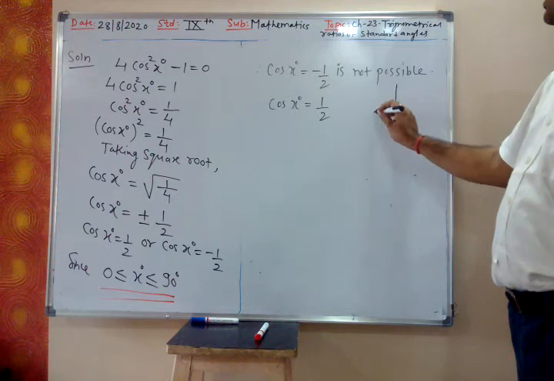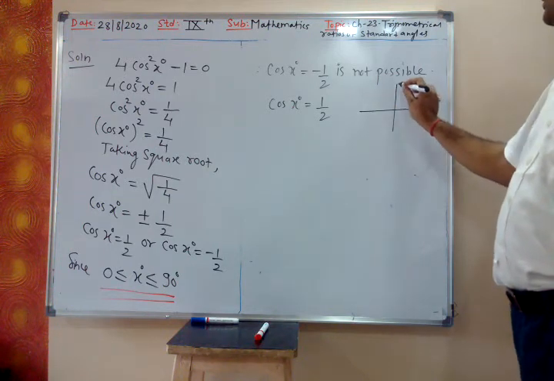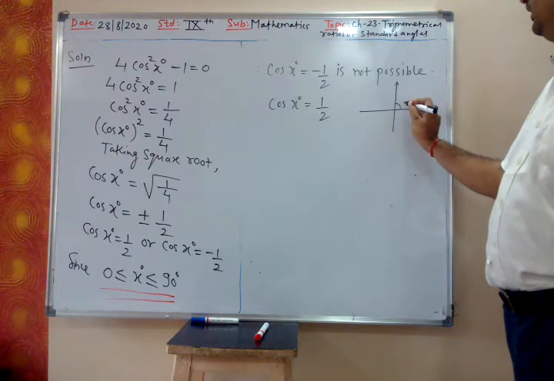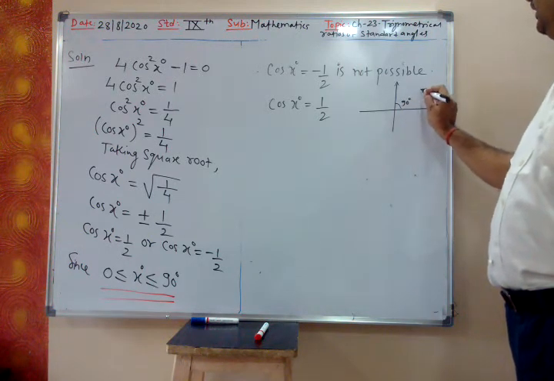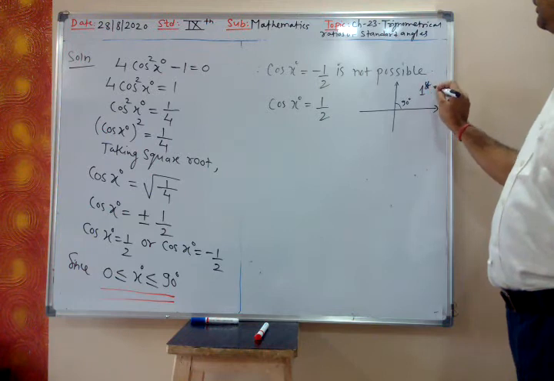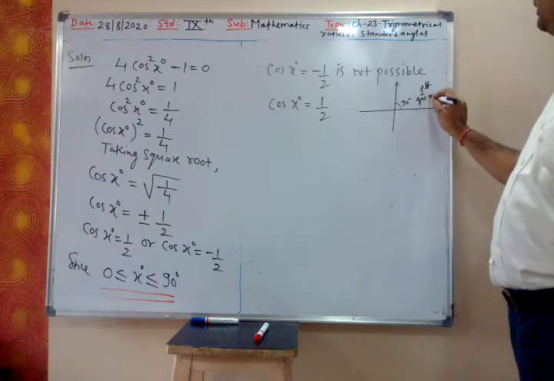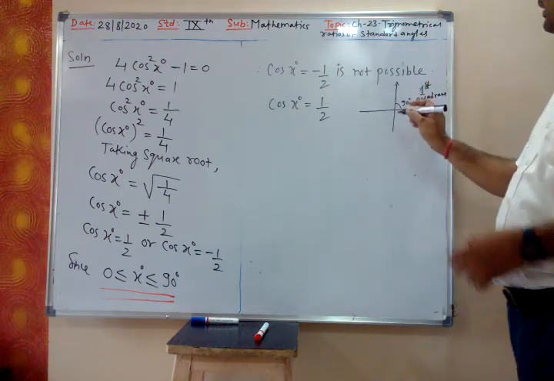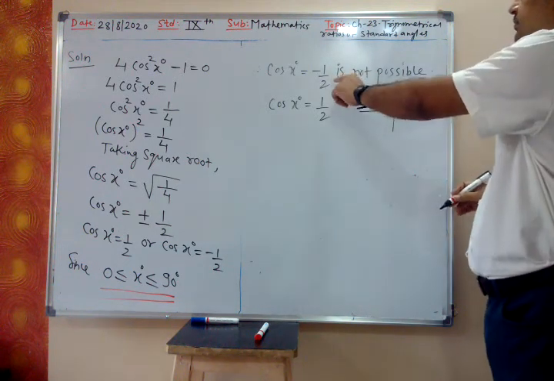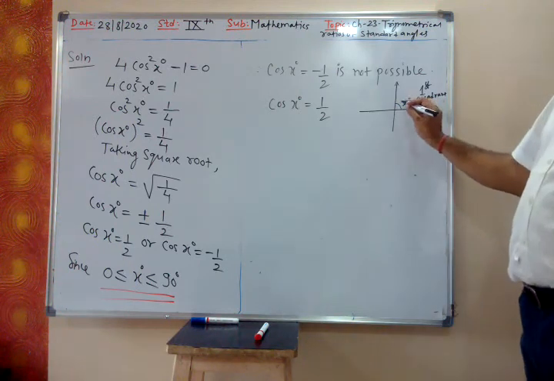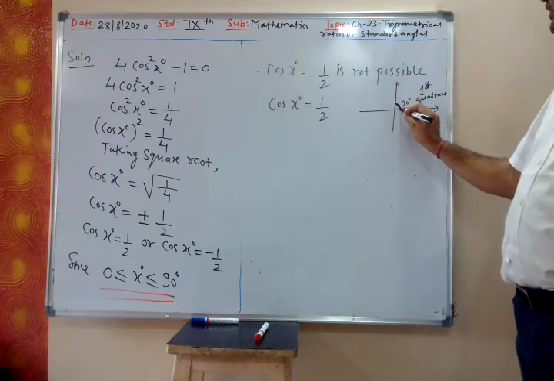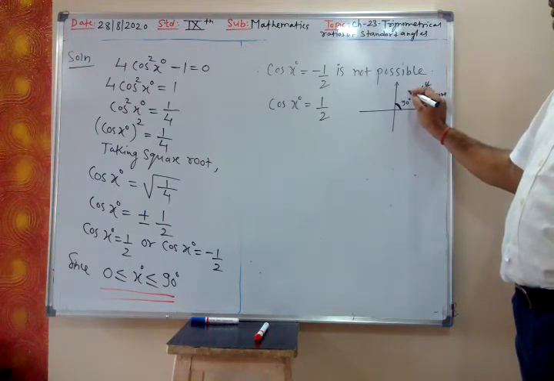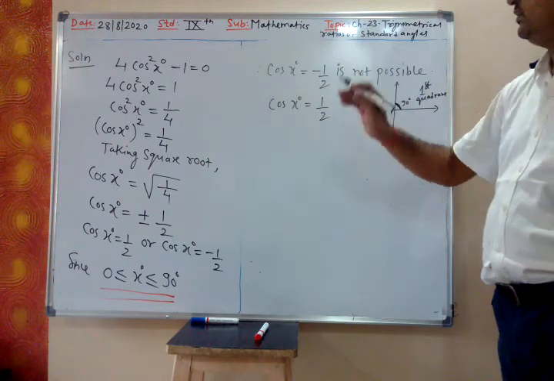Because see, if you see the quadrant, this is my 90 degree and this is my first quadrant. In 7th standard we have seen quadrant. In first quadrant, sine and cos both are positive. So my angle lies between 0 degree and 90 degree, and that is why I have taken positive.